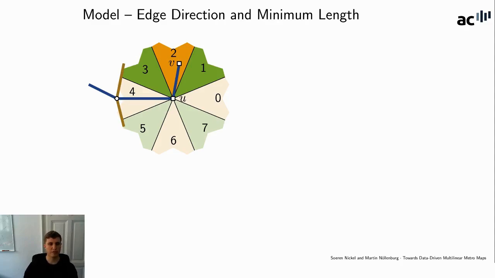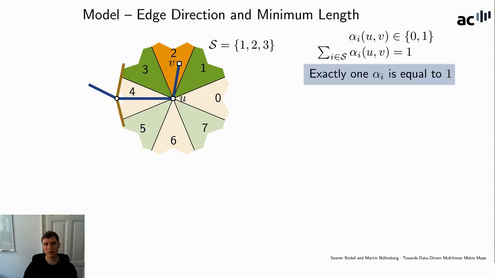We are again in a 4-linear aligned system. And now for every single direction that we could draw this edge in, which in this case would be either the vertical or one of the two diagonals, 3 or 1, we create a binary variable alpha i. So we would have alpha 1, alpha 2, and alpha 3.